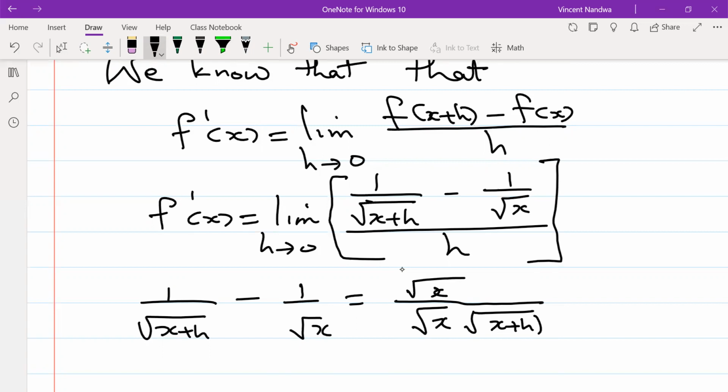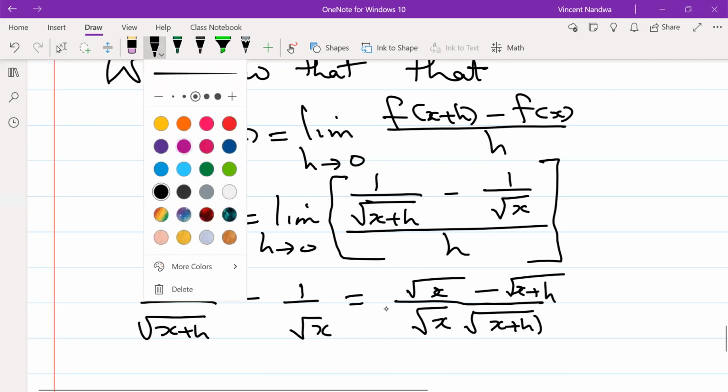Square root of x minus square root of x plus h, okay? Yeah. So we have, or maybe even the other way, okay, so that's what you have.